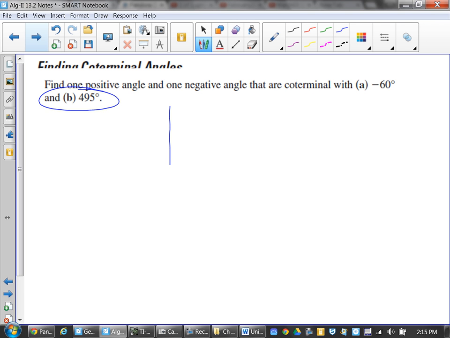So if I start with 495, everybody agrees that it's more than 360, correct? So we have to loop all the way around and wind up somewhere. 360. How much do we have left then to get to 495? 135, so it gets me to the second quadrant then, with a reference angle of 45 degrees. I'm 45 degrees off of the x-axis.